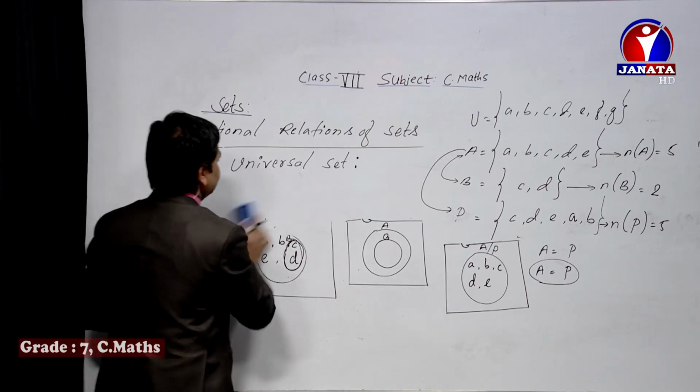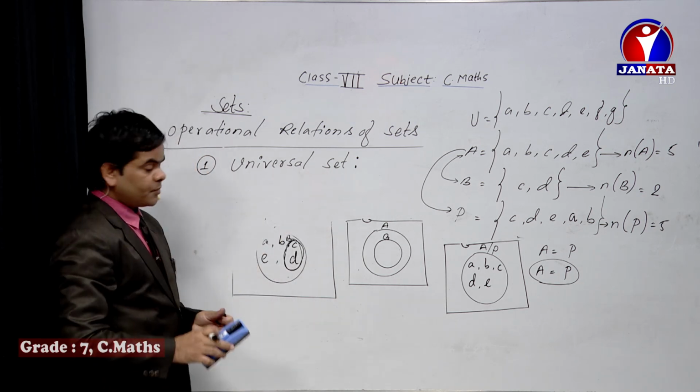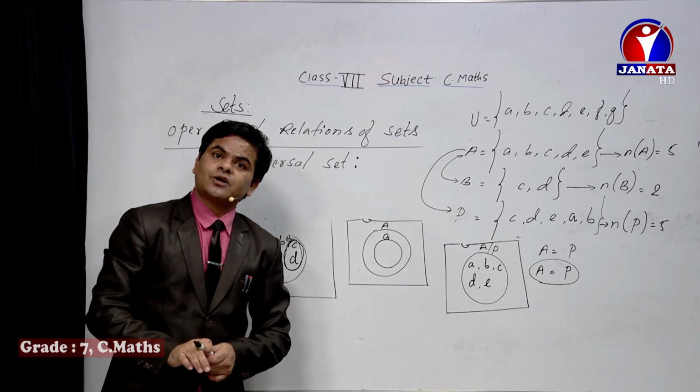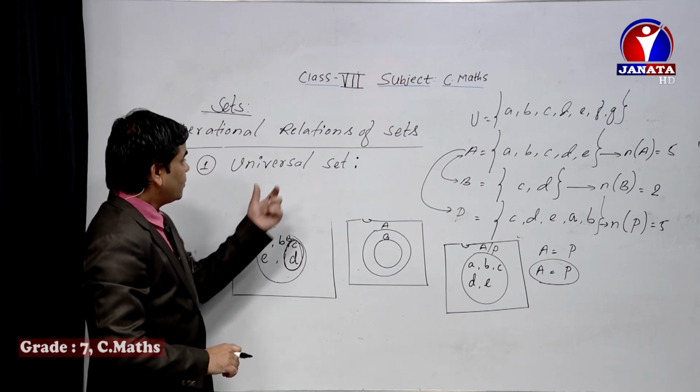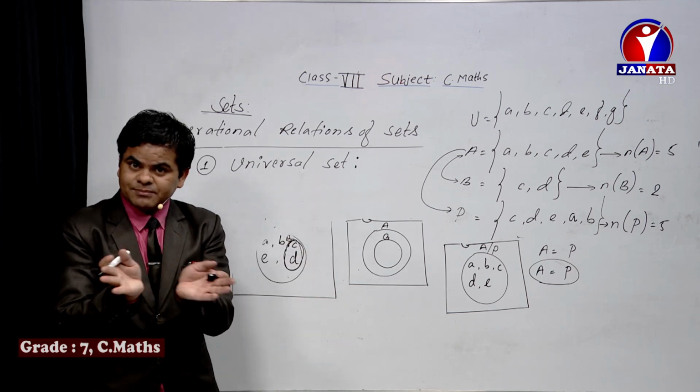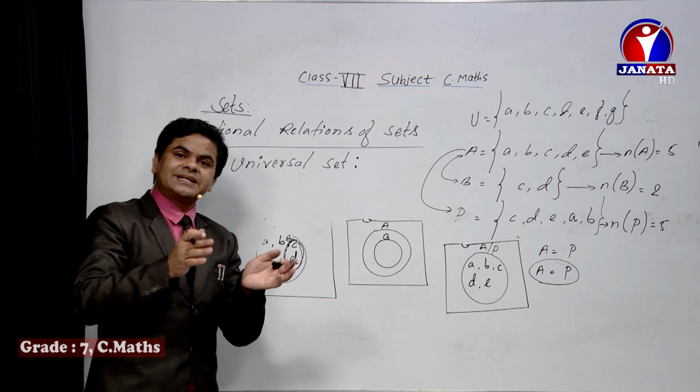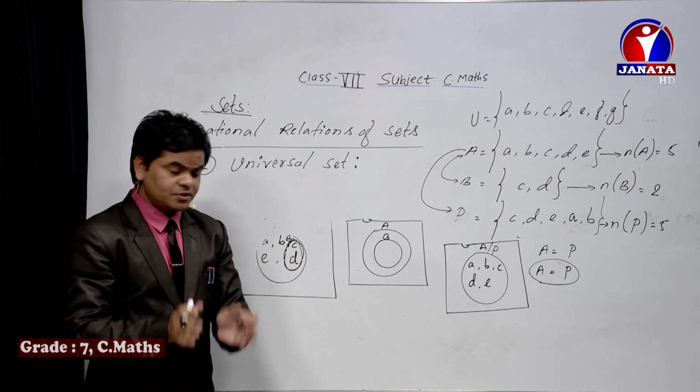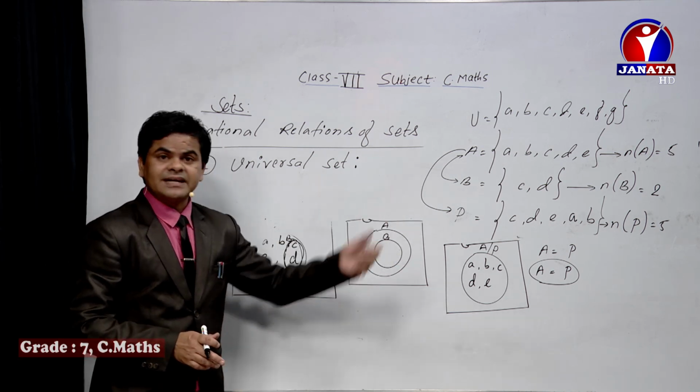So directly if we say, from the universal set we can make so many subsets, okay? And among those subsets also we have the two categories. One is proper subset, another one is improper subset, that you have just learned through Venn diagram as well as the listing method.